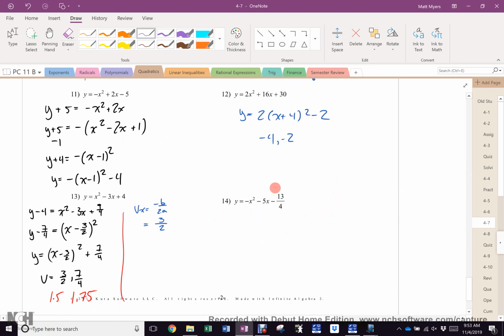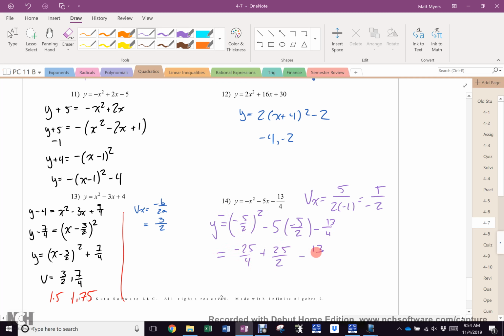14, of course, because of that, I would never bother with completing the square. Vertex x equals 5 over 2 times negative 1, which is 5 over negative 2. So y equals negative 5 halves squared, minus 5 over negative 5 halves, minus 13 fourths, which is 25 fourths, plus 25 halves minus 13 fourths.